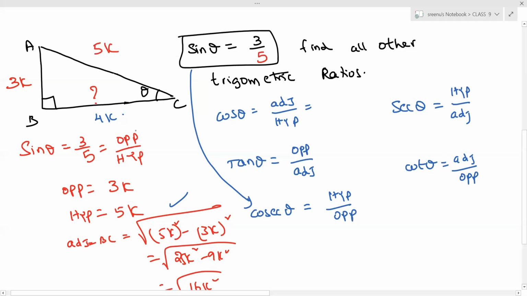The sum is completed. Adjacent I got 4k and hypotenuse 5k, so cos theta is 4 by 5.